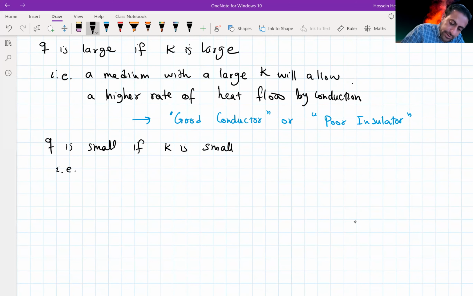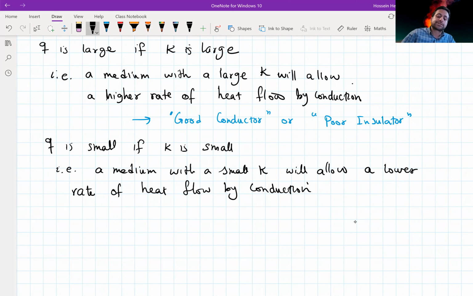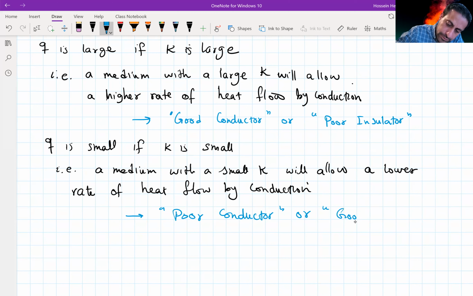Or similarly, a medium that has a small K will allow a lower rate of heat flow by conduction, and that's what we refer to as a poor conductor or good insulator.